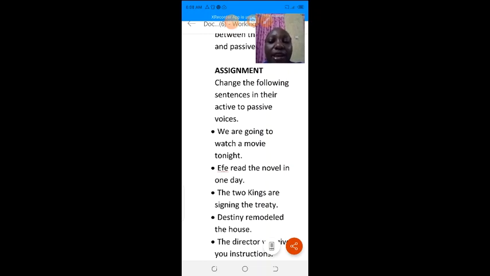Okay. The next one is "Ife read the novel in one day." Ife, I hope you get this correct. Change it to passive. The novel is the object. Ife is the subject. "Read" is the action. And "in one day" is an adverb. All right.